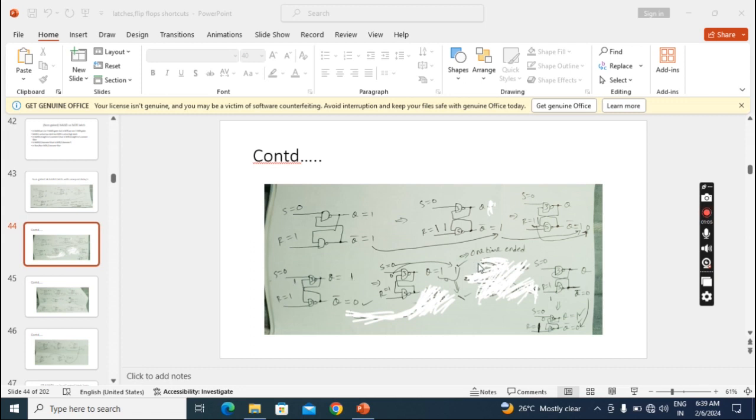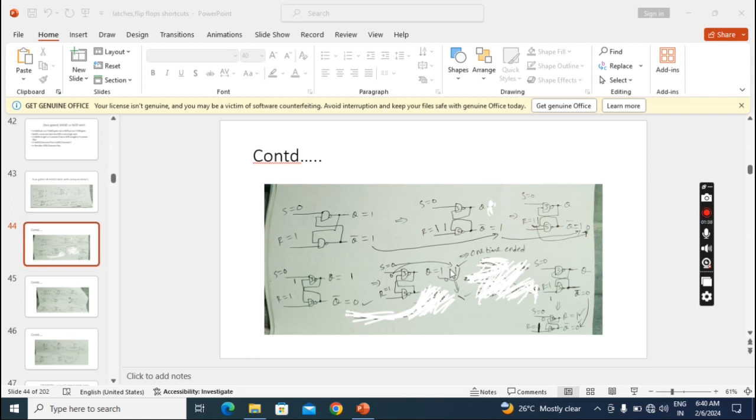Then again I have to feed back this 0, because this is also an output now. When I feed back that 0, I am also getting 1. So I get this one by feeding back this 0, and this one by feeding back this 1. Both are 1 1, meaning I am getting 1. Suppose now I feed back this 1 again to the below gate, I will get 0.